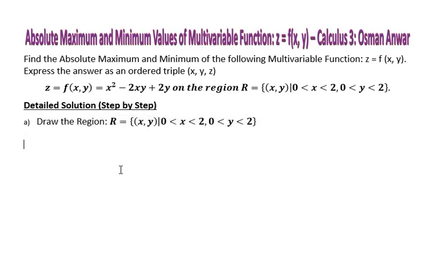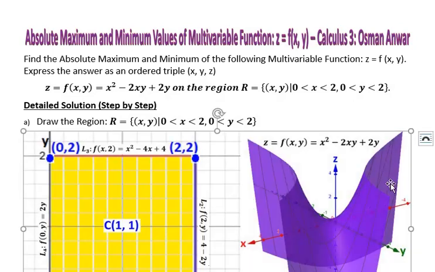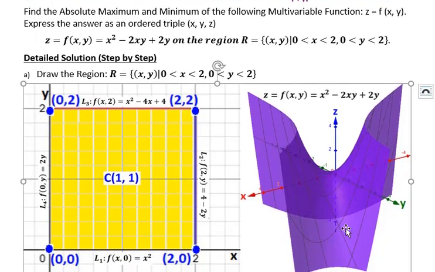So here is the detailed solution. The first thing is we want to draw the region where x is between 0 and 2, y is between 0 and 2. And here is the region.